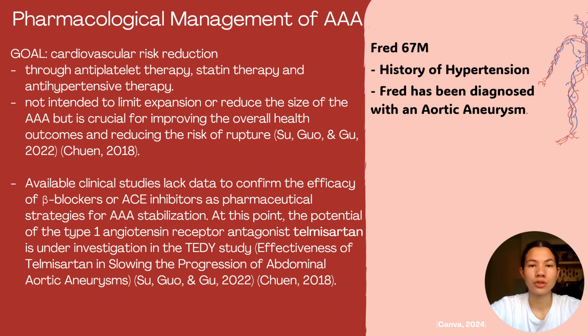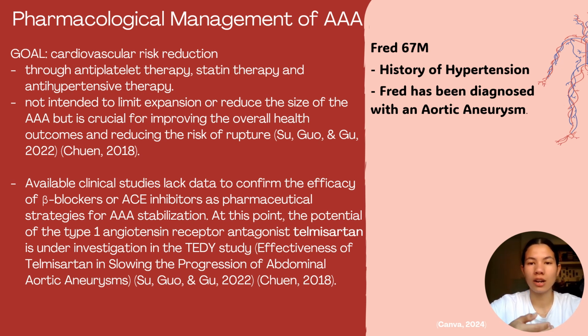Pharmacological management of AAA basically involves cardiovascular risk reduction, and it includes antiplatelets, statins, and antihypertensives. This, however, does not limit the expansion or reduce the size of the AAA, but it reduces the risk of rapid expansion and the risk of a sudden rupture, and it improves the overall health outcomes.